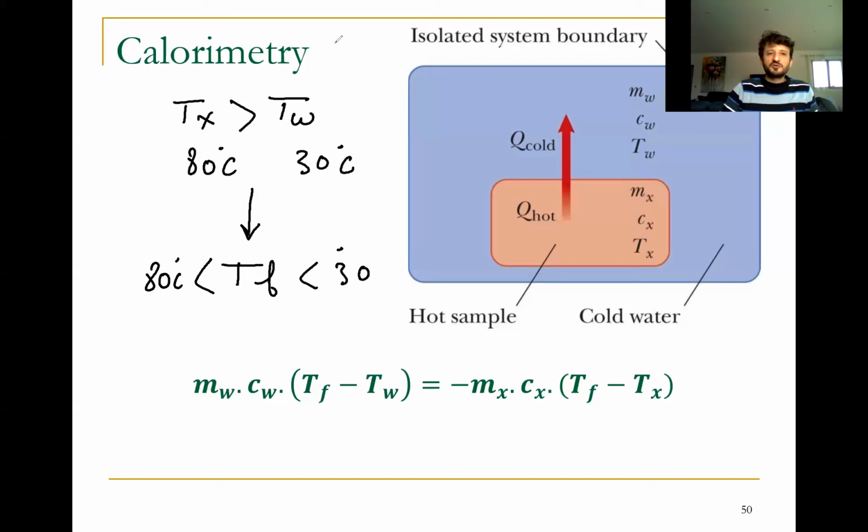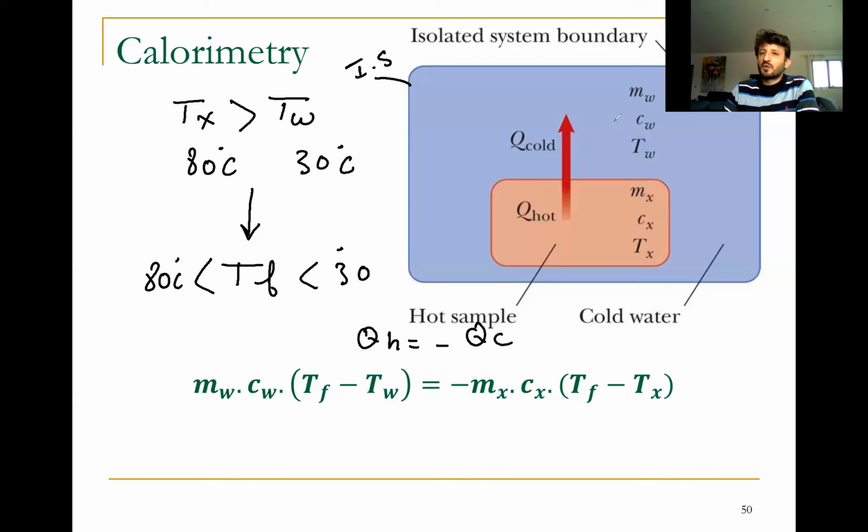As we have an isolated system, Q hot equals minus Q cold, and we can apply this relation directly. We have Q hot and Q cold.